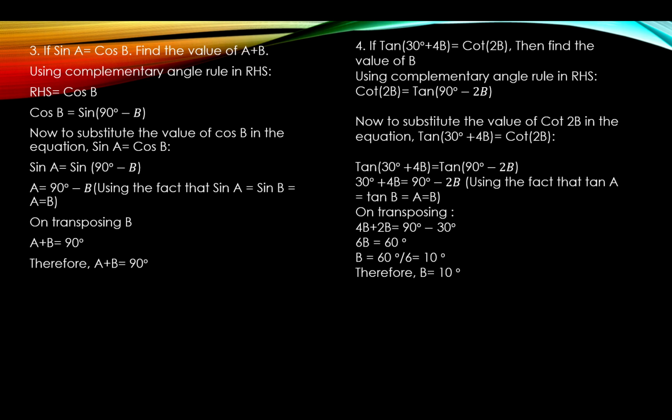Now we use the fact that if sin A is equal to sin B, then A is equal to B, so A is equal to 90 degrees minus B. On transposing B to the other side of the equals sign, we find that A plus B is equal to 90 degrees. Therefore, the value of A plus B is 90 degrees.